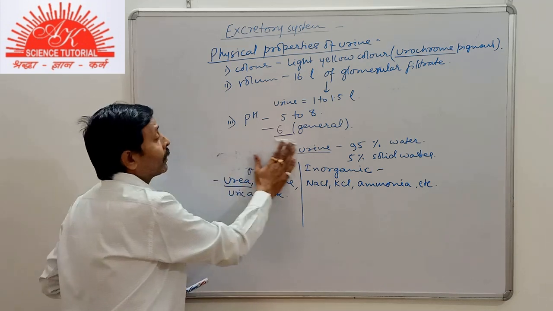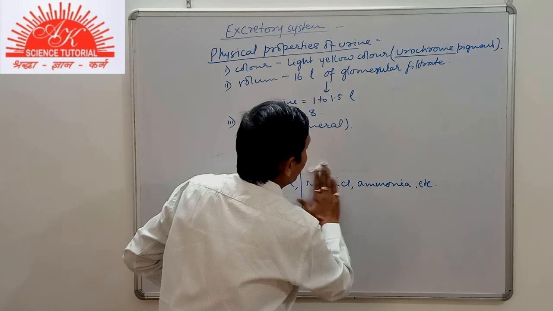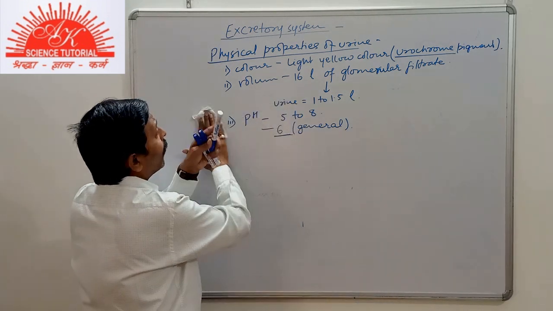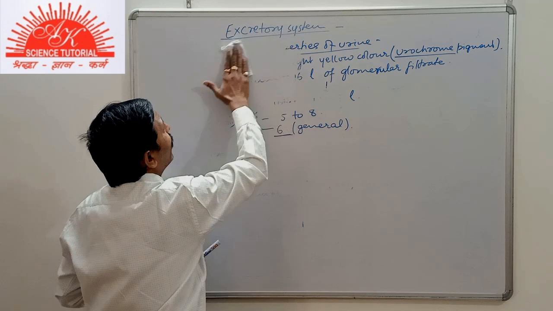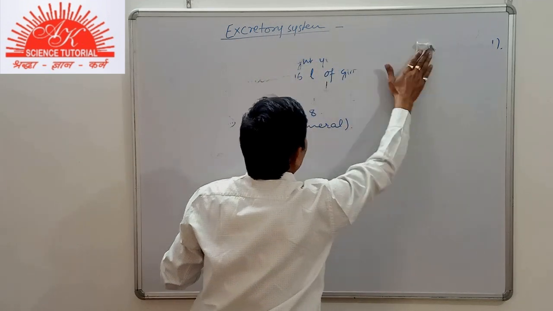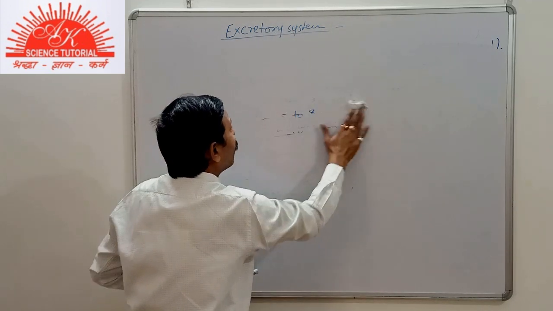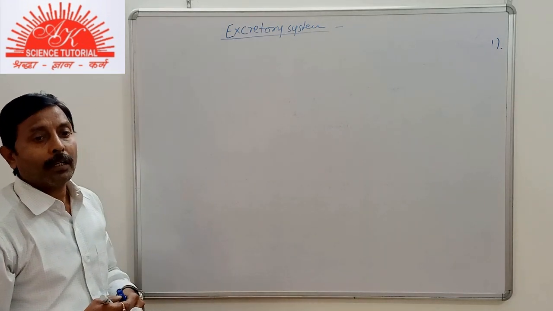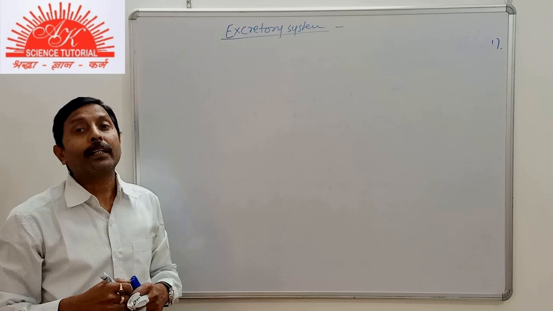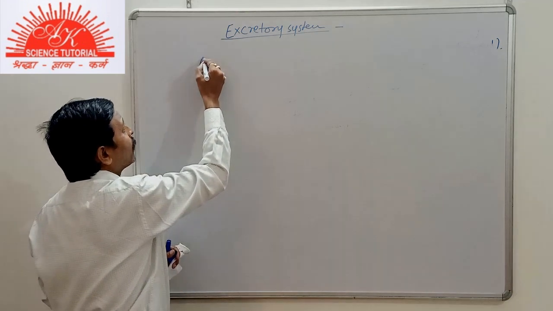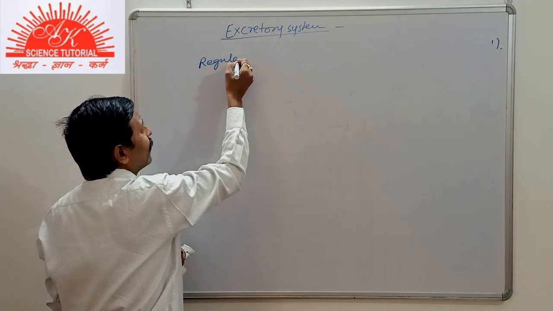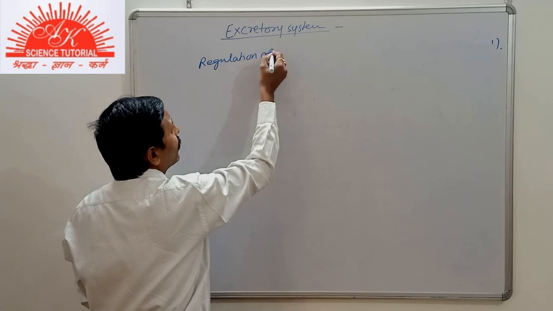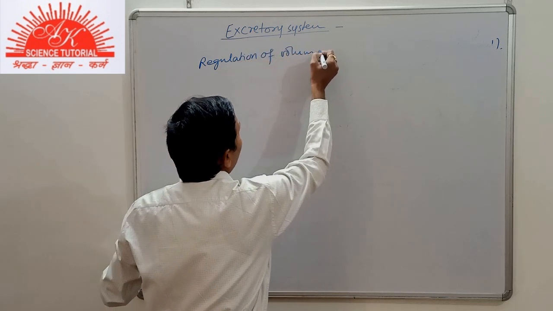Now we see that the volume of urine is 1 to 1.5 liter in general per day. But the volume of urine can vary season to season, because the volume of urine is controlled by a hormone. So we write heading regulation of volume of urine.